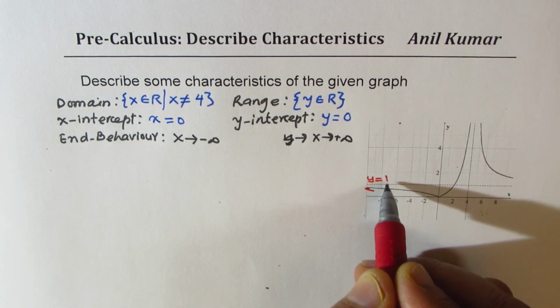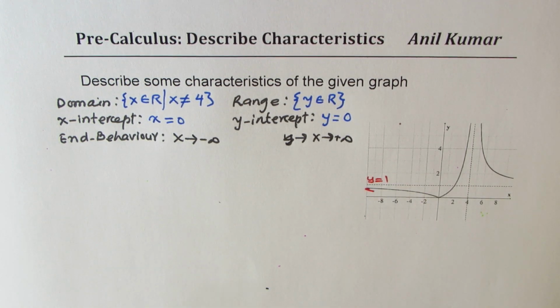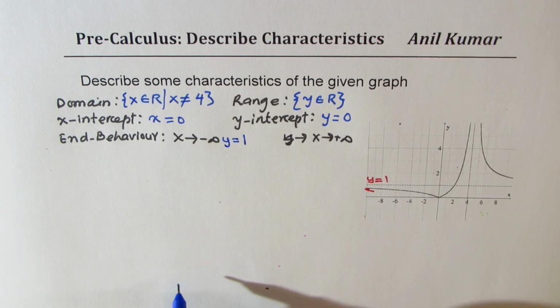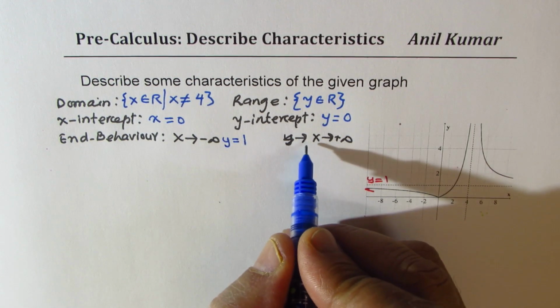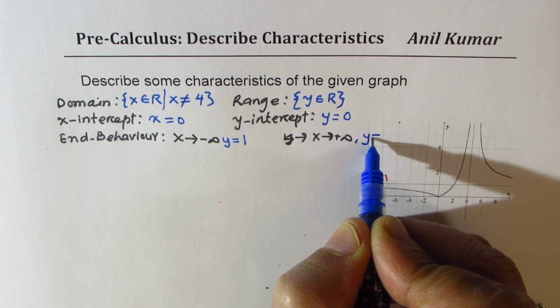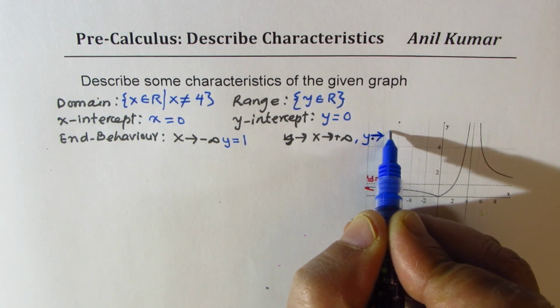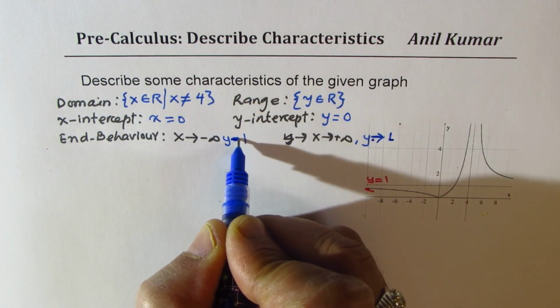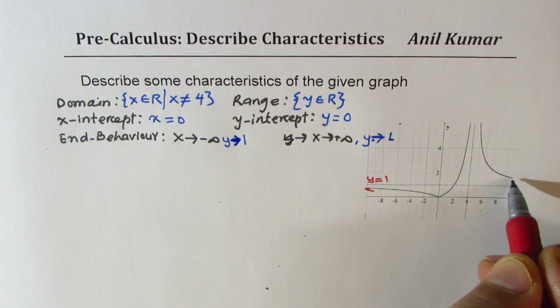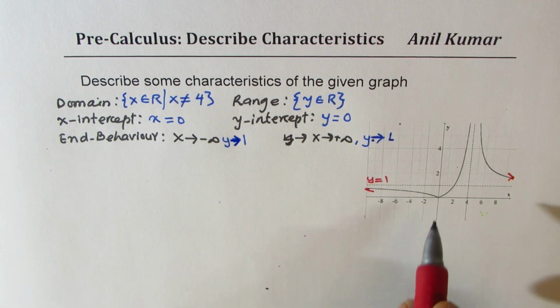So y equals 1. Do you see that? Now when x is approaching positive infinity, y is also approaching 1, right? I should write y approaches 1. So it is not right there, but it is approaching this value, y equals 1.